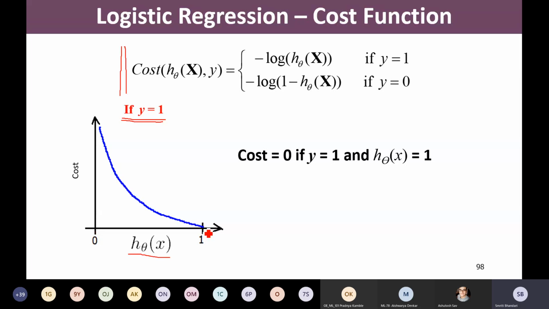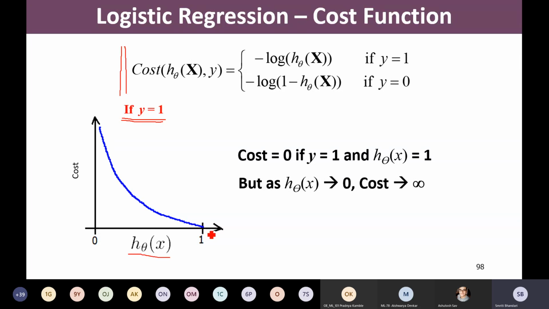So when y is 1, h theta x is 1, then my cost is always 0. So that is denoted here with this plot. And what next?